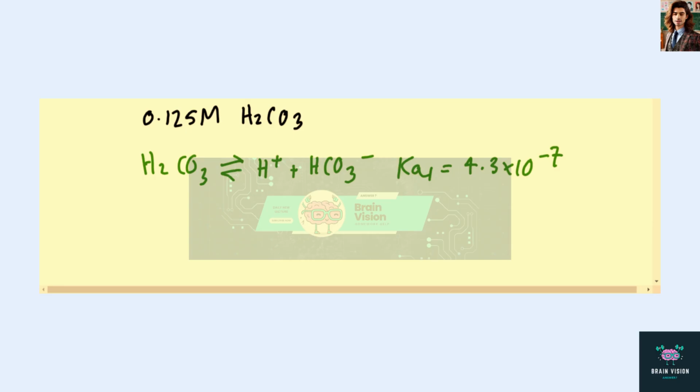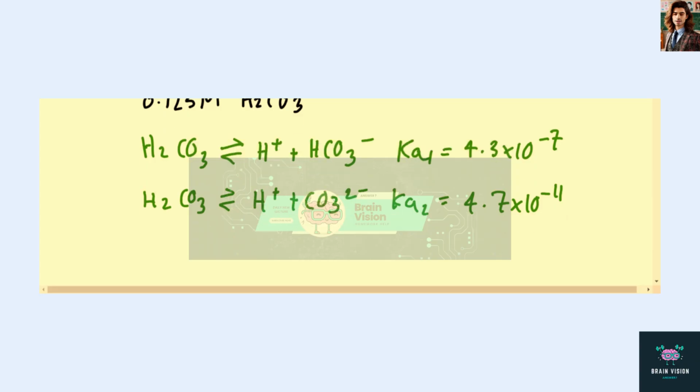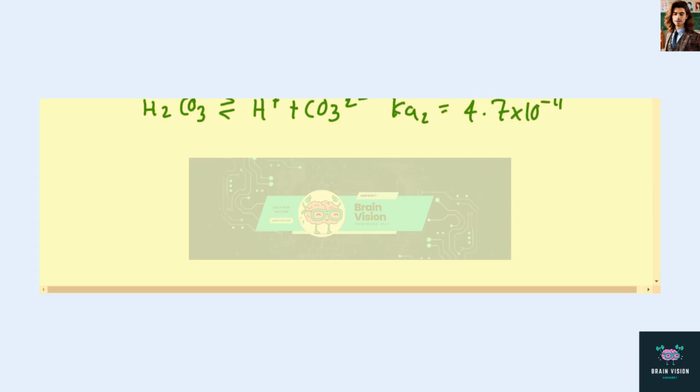This information should usually be given to you in the question, or you can easily search it up online. And it's also important to write out the acid dissociation constant equation so that we can understand what we're doing.